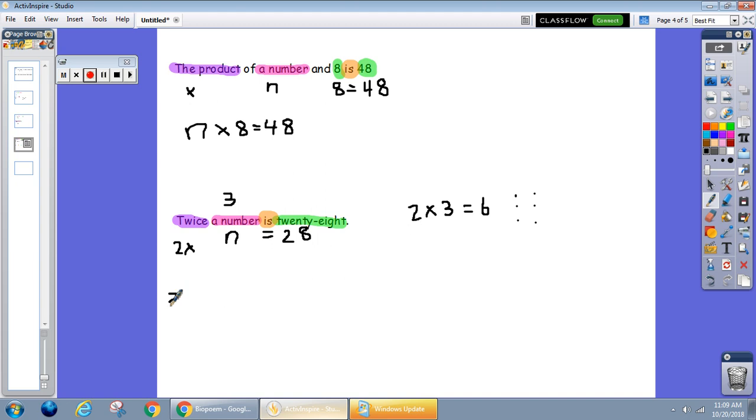It's going to be 2 times our number is 28. Or it could look like this. 2 and then the number right next to it. If you see a number just sitting next to a variable like this, it means multiply. That's what it means. Or it could have that dot next to it.